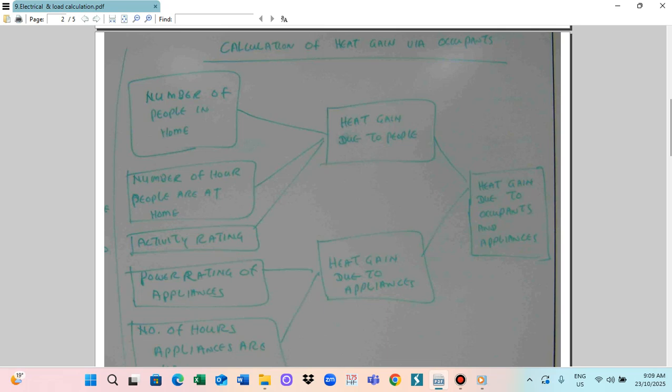So these two combine to calculate the heat gain due to appliances.